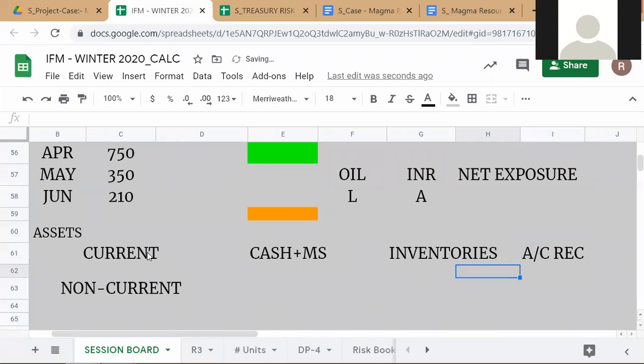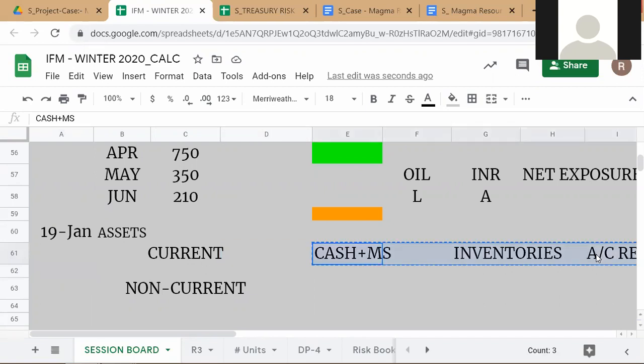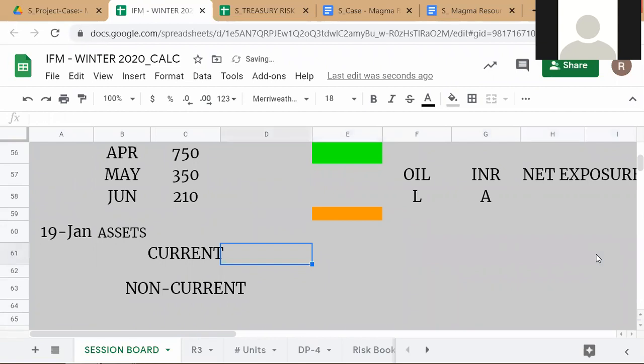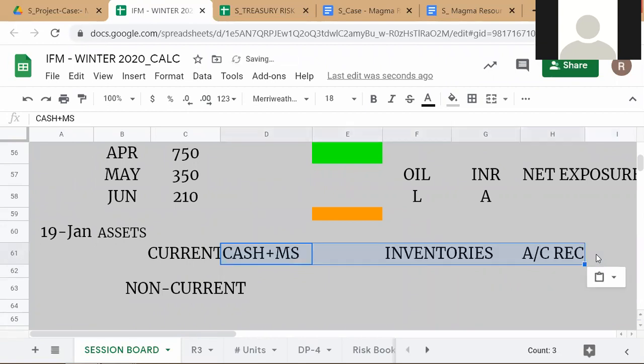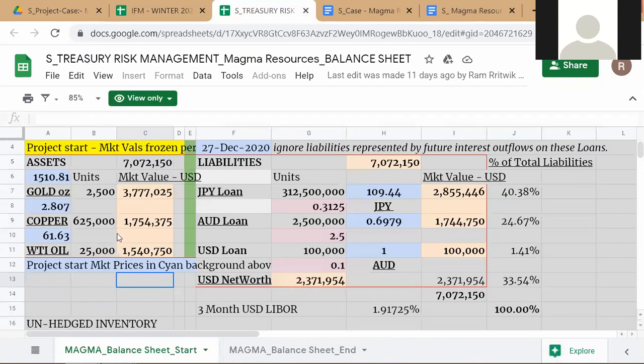So you see how stylized this balance sheet is in comparison to normal balance sheets. Maybe we should put it here because it's going too far out. Right? Okay. And then you have current, non-current. In this balance sheet, you're only seeing the inventories part.